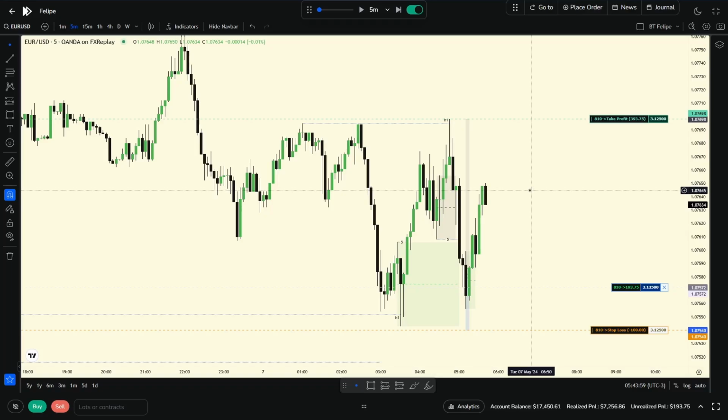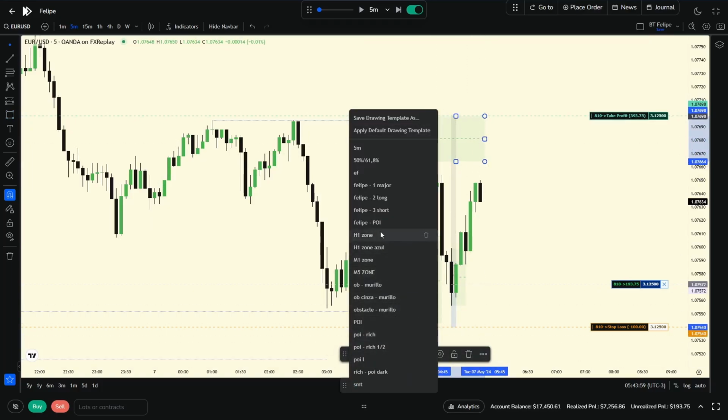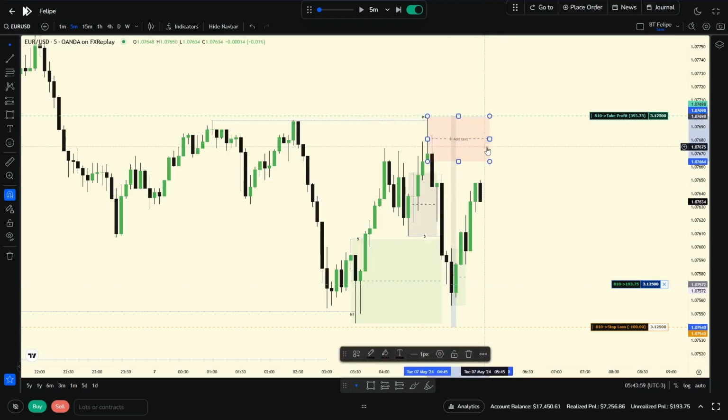And following the M5, I could short right here. Oops. No, it's not this one. Yeah, it's this.